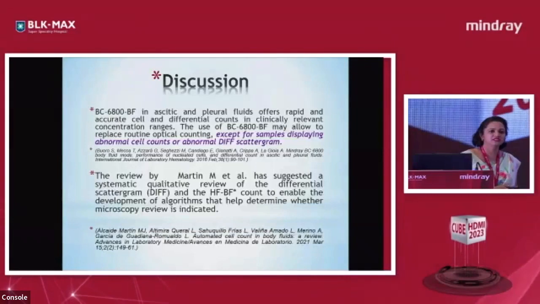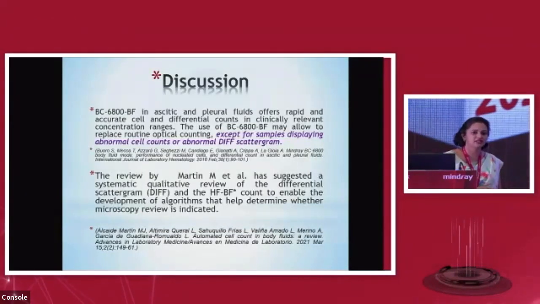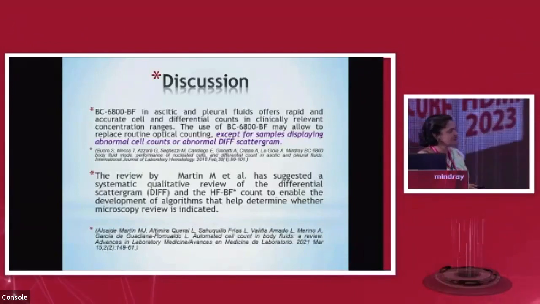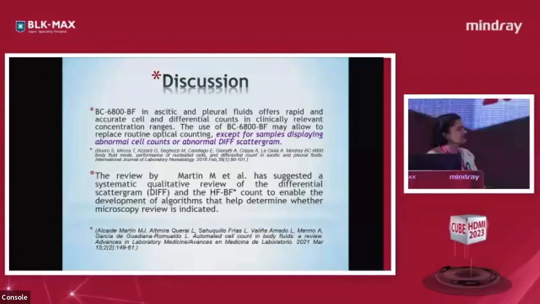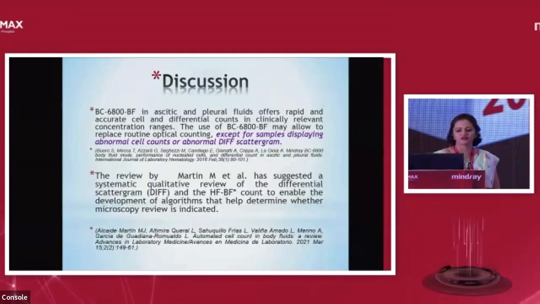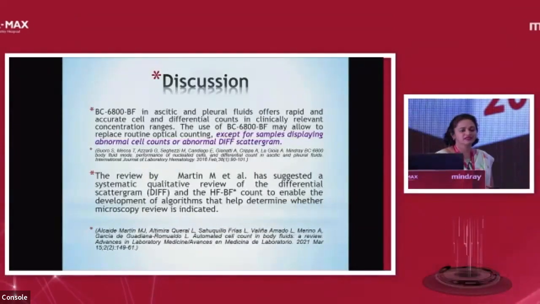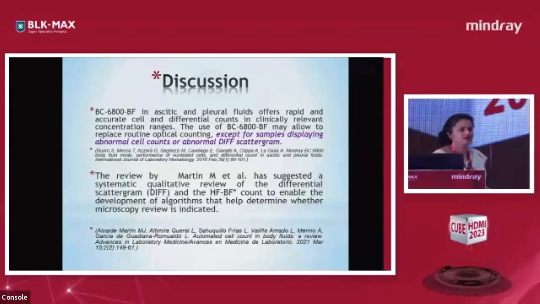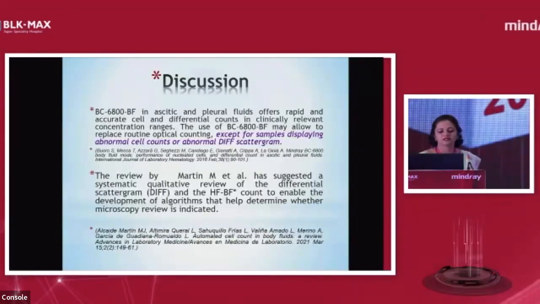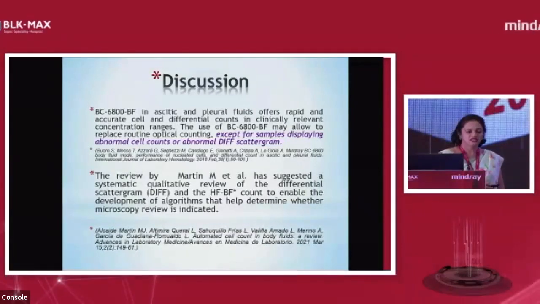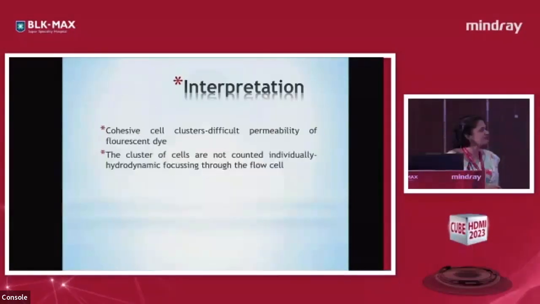That means wherever there is an abnormal count or an abnormal scatter plot, we have to manually verify the smear. There is another review by Martin et al., which has suggested a systematic qualitative review of the differential scattergram and the HFBF count in the Mindray analyzer to enable the development of algorithms that help determine whether microscopic review is indicated. So these were the literatures that were available.